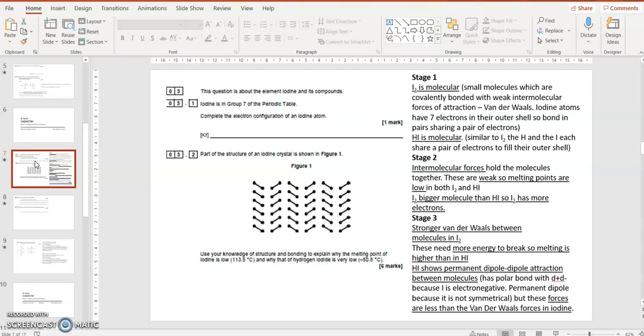So that's going to have slight polar bonding with slight delta plus, delta minus, but it's not as much of a factor as the larger number of van der Waals bonds in a large iodine molecule. Therefore iodine has a low melting point, but hydrogen iodide has a very low melting point because of the weaker, smaller number of van der Waals bonds.